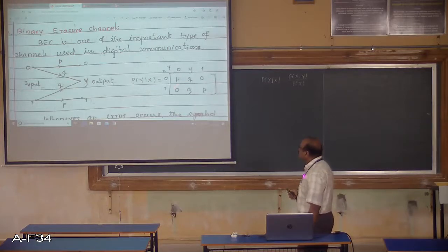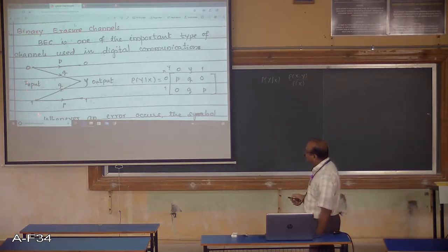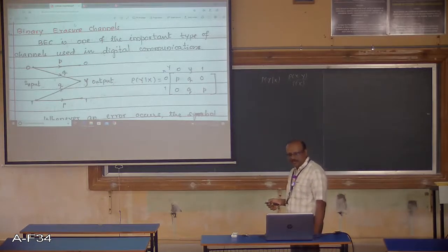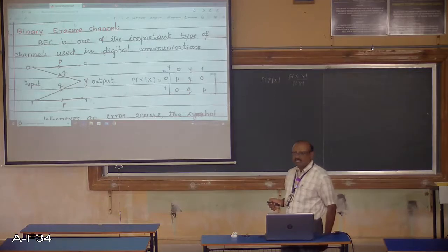Such channels are what we call binary eraser channels, wherein the transmitted information is binary in nature. Correct reception is of course 0 and 1, but incorrect reception is a third value, neither 0 nor 1, which we can imagine as a tri-state value.